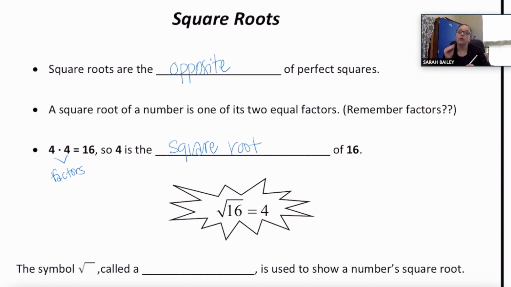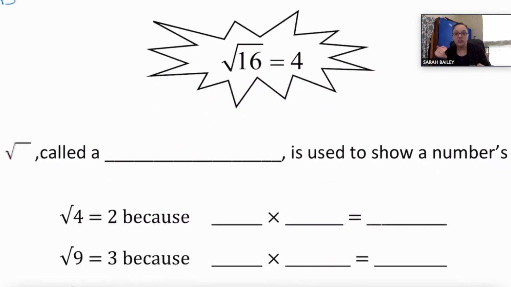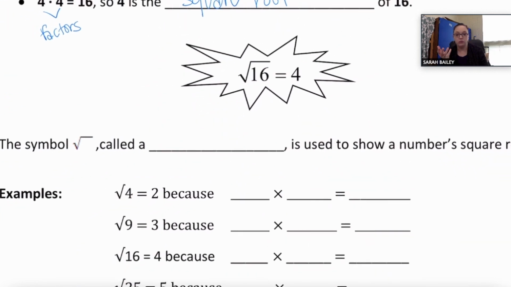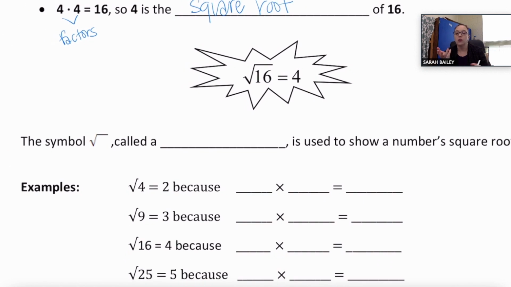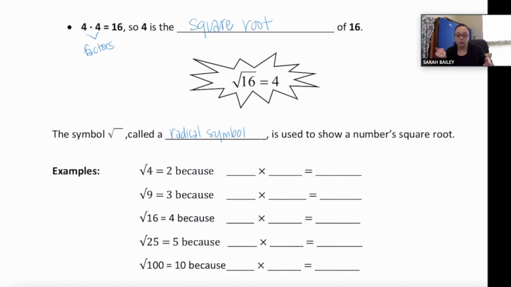So the 4's are factors, and it's the same factor being multiplied by itself to get 16. So we can write this, as you see here, with that radical symbol. The square root of 16 is 4. The radical symbol is used to show a number's square roots.